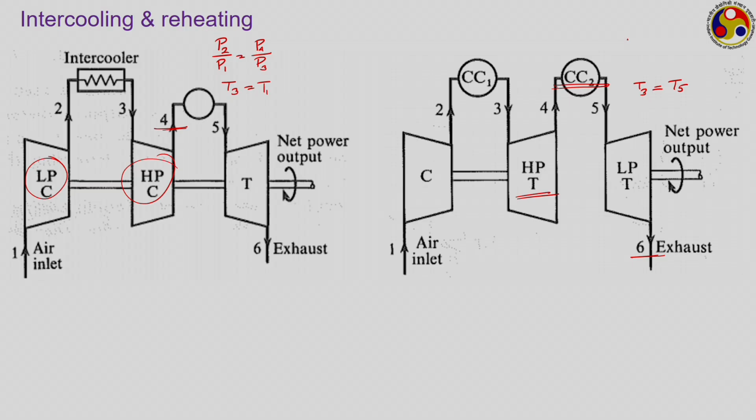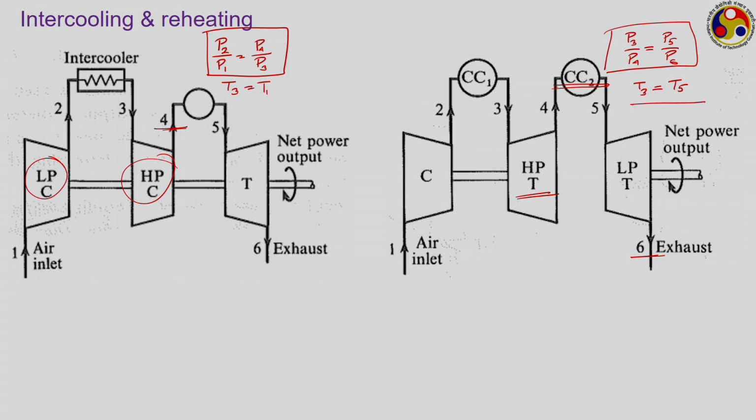In this case, for the HP turbine stage the pressure ratio is P3 upon P4, and for the LP turbine stage the pressure ratio is P5 upon P6. To have the maximum effect, these two should be equal to each other. This second relation we have not derived, but it is a direct consequence of the first. I would request you to try to derive the same relation assuming T3 equal to T5.